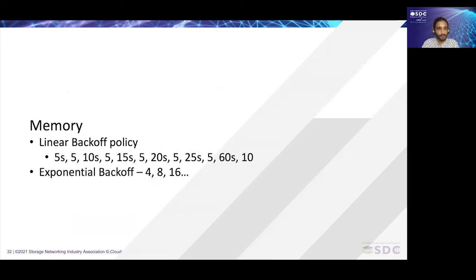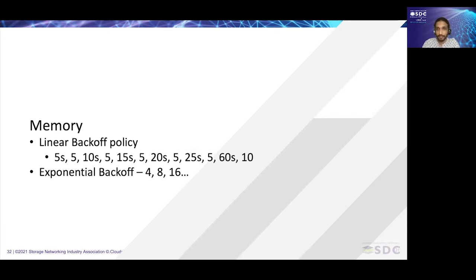For other kinds of failures, like not leader exception or some other Raft related failures, the client would retry with a linear increase in wait period. So for the first 5 requests, it would wait for 5 seconds. Then for the next 5 requests, it would wait for 10 seconds, and so on. With the linear backoff policy, this allows the leader to recover.